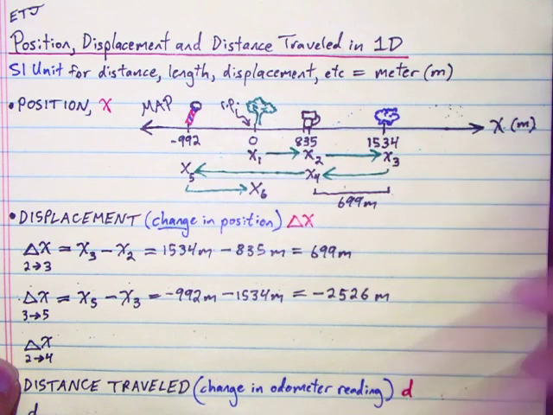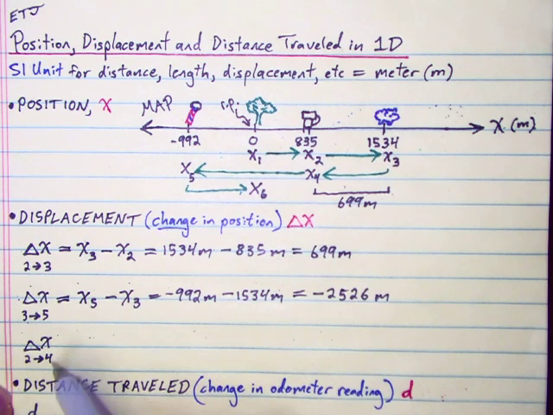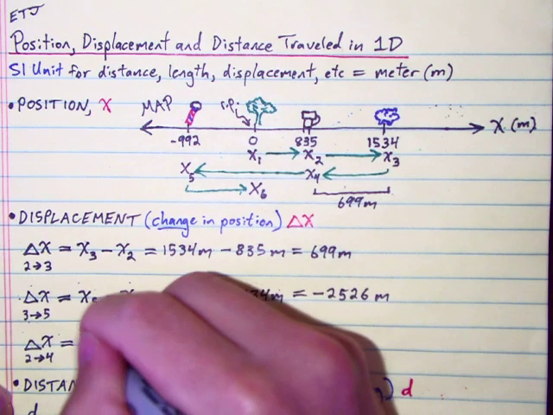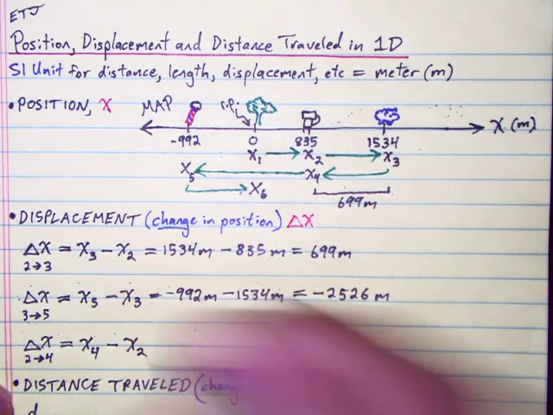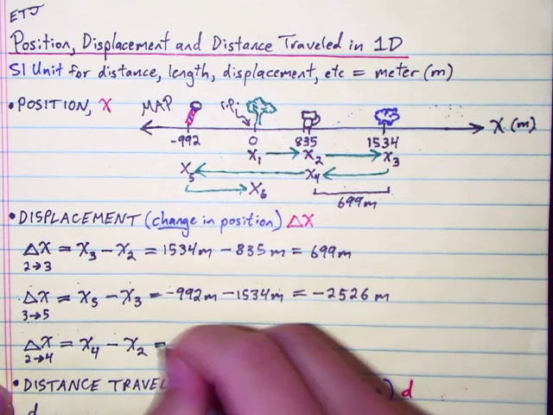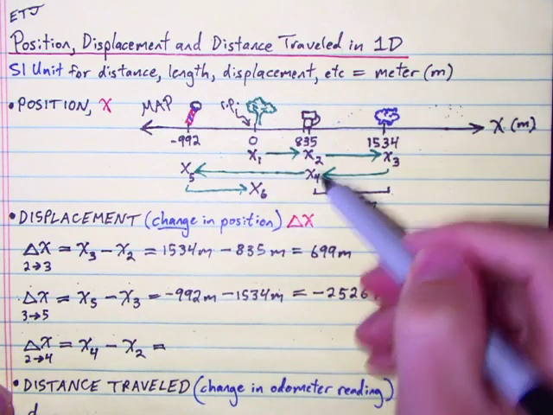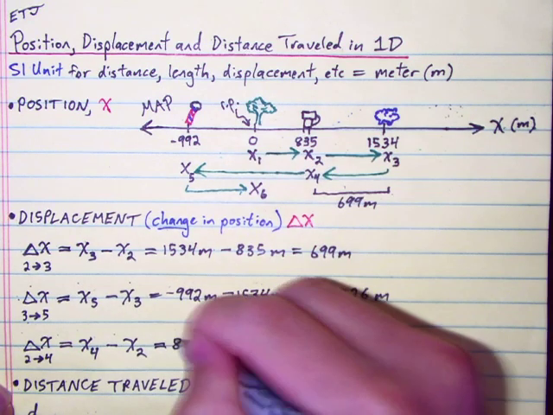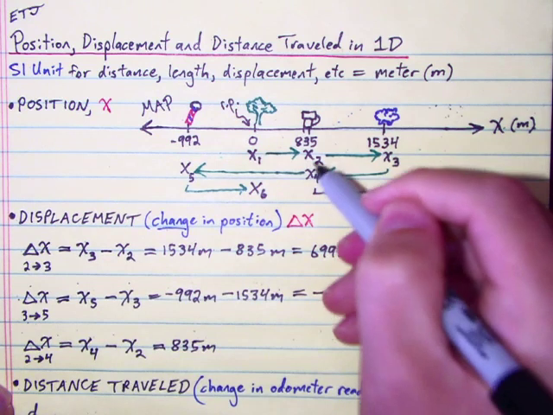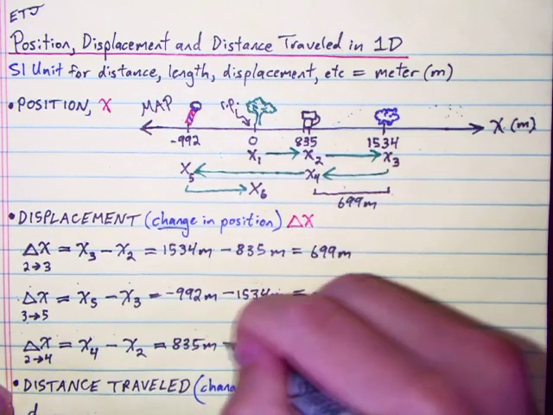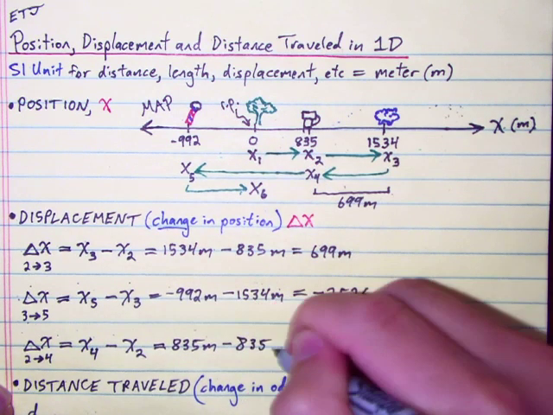Okay, between events 2 and 4, let's say. Always final minus initial, so his position at event 4 minus his position at event 2. At event 4, he's located here at the gas station, 835 meters from our reference point. At event 2, he's also located at the gas station, 835 meters from our reference point.